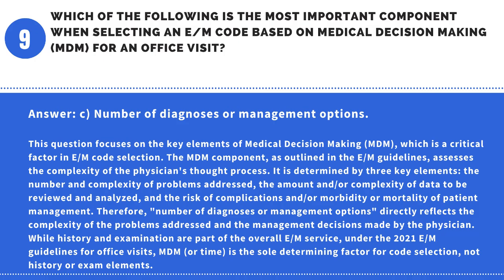Therefore, number of diagnoses or management options directly reflects the complexity of the problems addressed and the management decisions made by the physician. While history and examination are part of the overall E/M service, under the 2021 E/M guidelines for office visits, MDM, or time, is the sole determining factor for code selection, not history or exam elements.